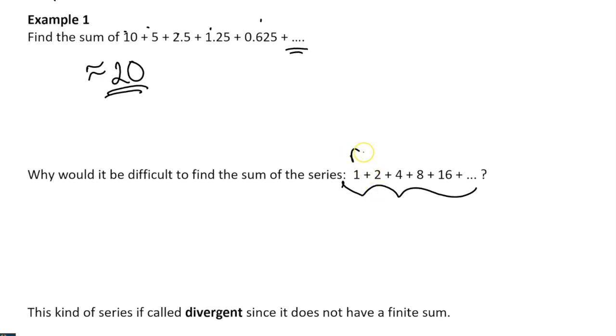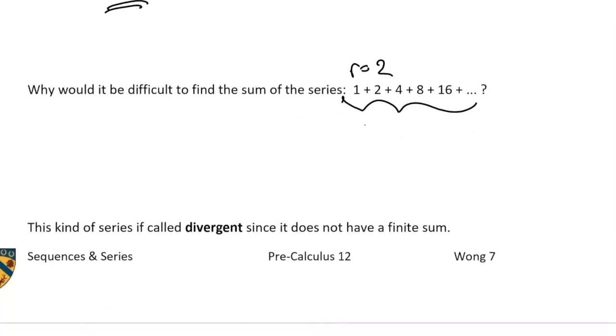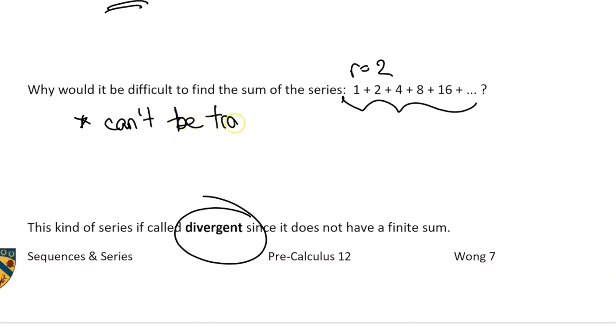Your common ratio is 2. And when your common ratio reaches something where your jumps get progressively bigger and bigger, you have something called a diverging series. And something like that can't be calculated because, maybe the best way to say it is, this can't be trapped, or it gets out of control.